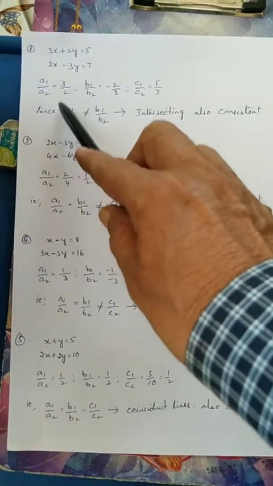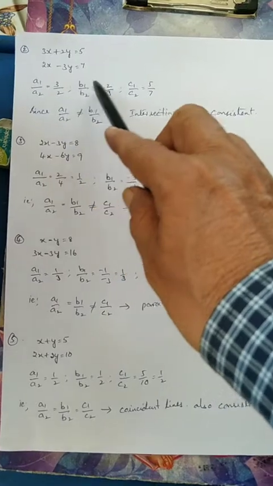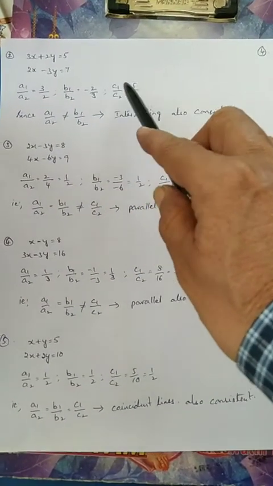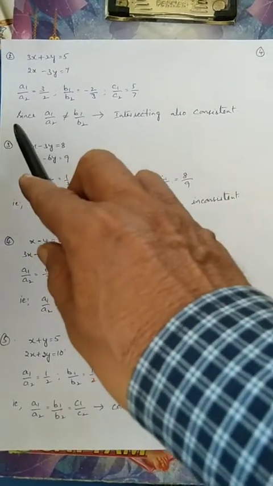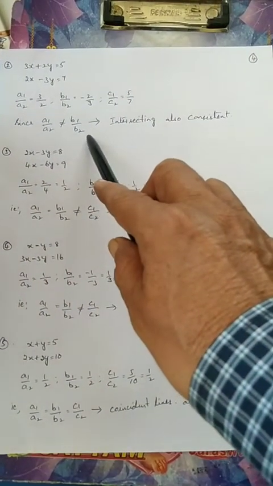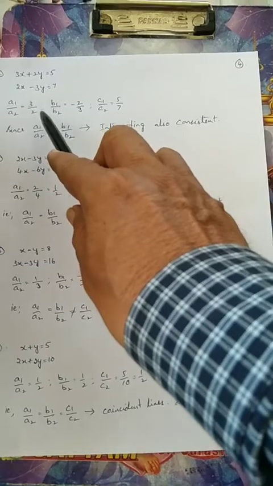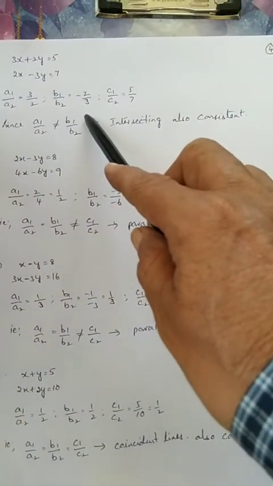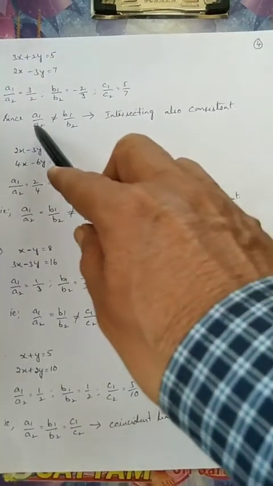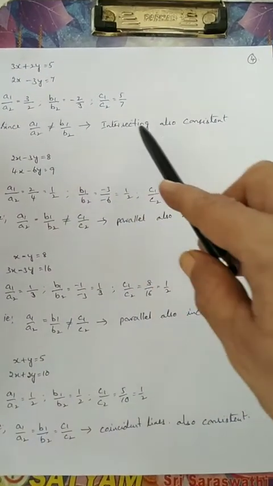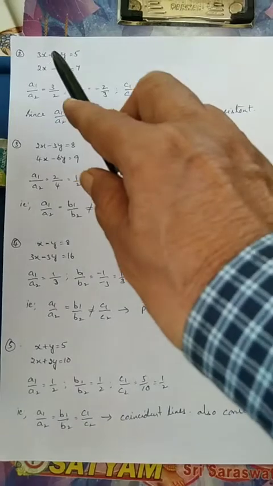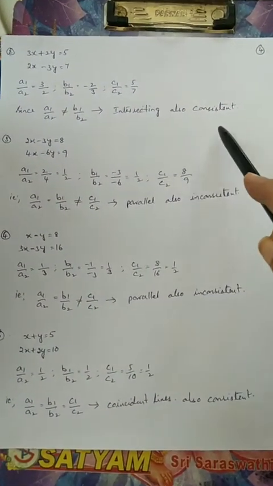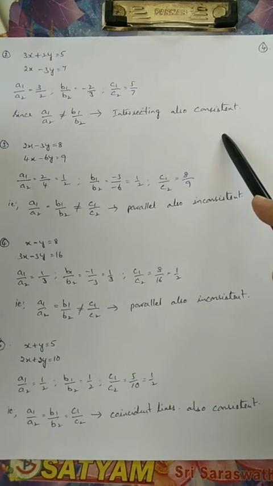In this case, A1 by A2 is equal to 3 by 2, B1 by B2 is equal to minus 2 by 3, C1 by C2 is equal to 5 by 7. Since A1 by A2 is not equal to B1 by B2, why? Because A1 by A2 we got 3 by 2 and B1 by B2 we got minus 2 by 3. So since these two are not equal, the two given lines are intersecting lines, or we can call them consistent also.